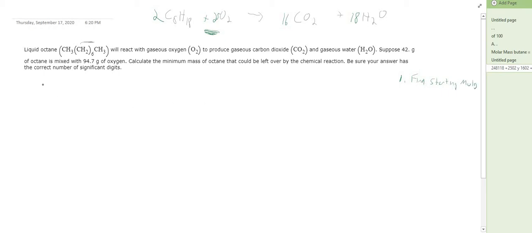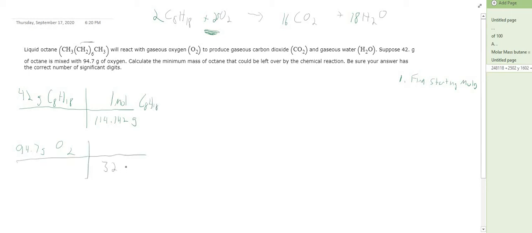Here we have 42 grams of octane, C8H18, and over here we're going to have 94.7 grams of oxygen. When we convert these into moles, I know that there's 114.142 grams in 1 mole of the octane, C8H18, and I know that there are 32 grams in 1 mole of oxygen.